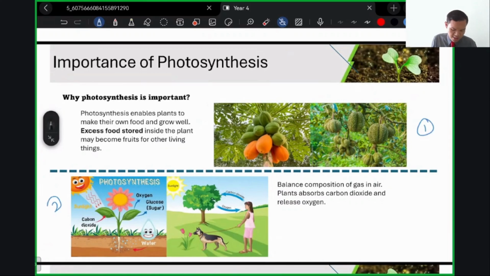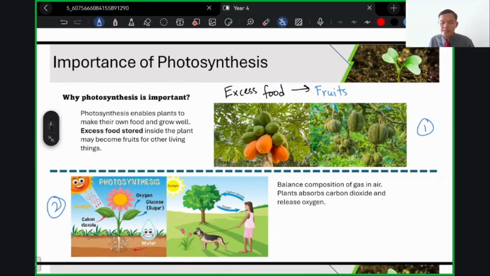Photosynthesis is very important because it allows the plant to create its own food, right? The excess food stored by the plant will form fruits. The fruits that we eat: papaya, banana, durian.